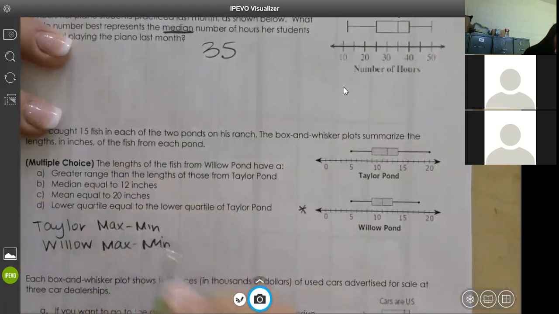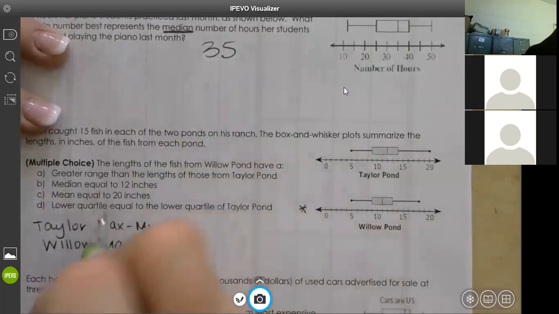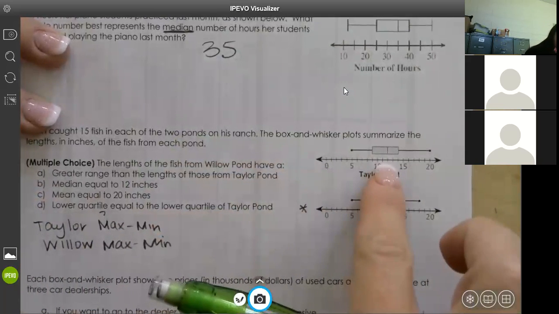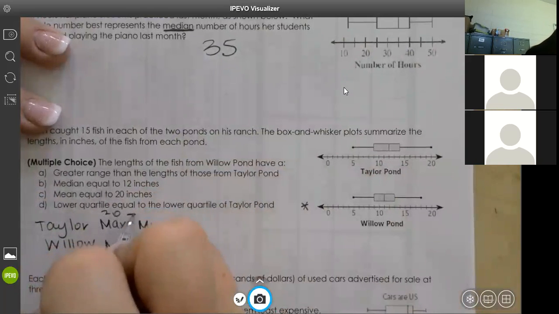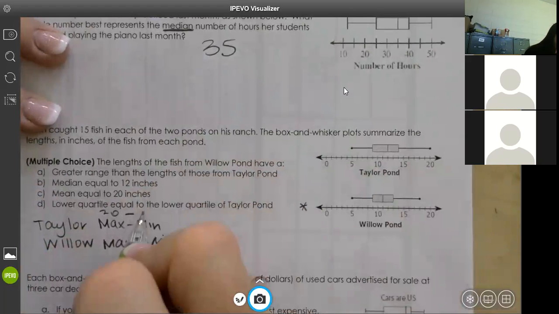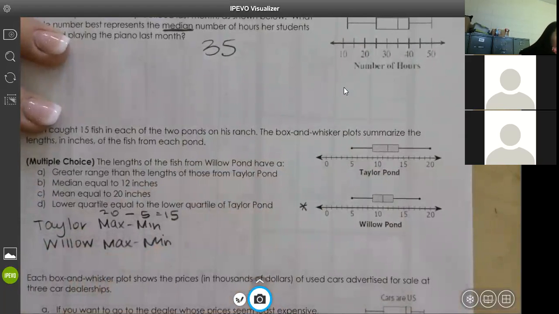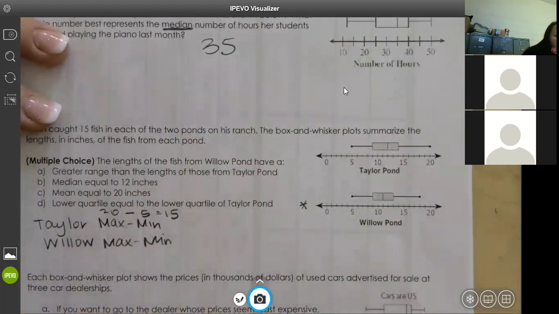So let's check out Taylor Pond. What's your maximum for Taylor Pond? 20. What's your minimum? It's okay. Which gives us 15, right? What about for Willow? What's your maximum? 18.